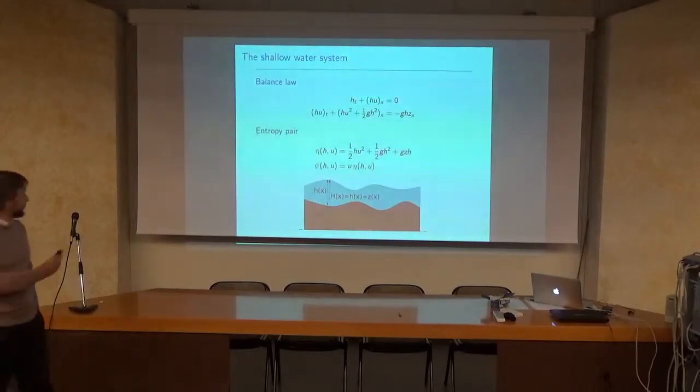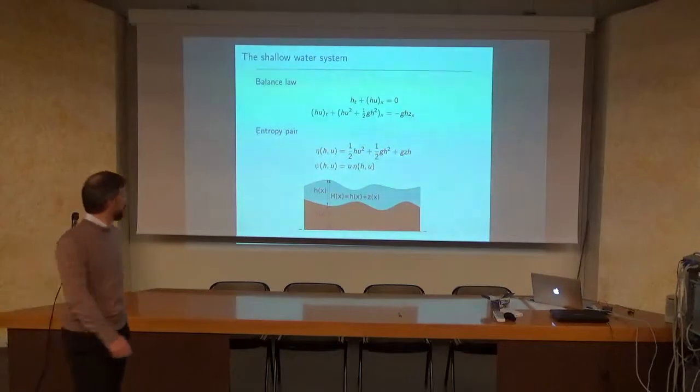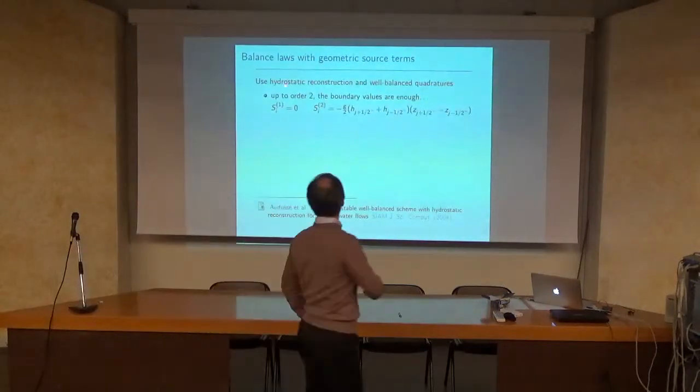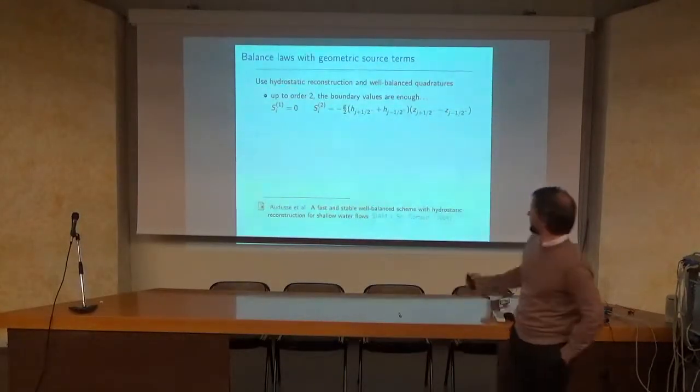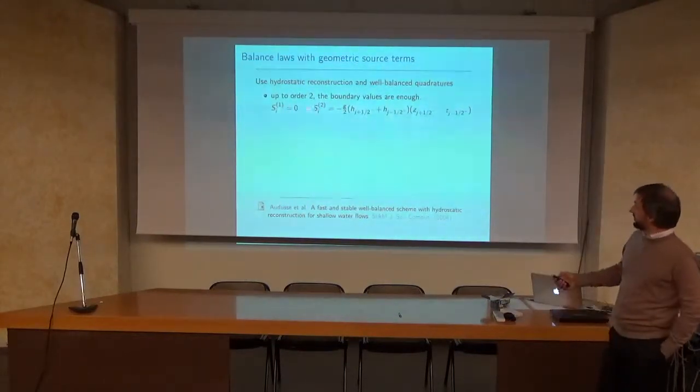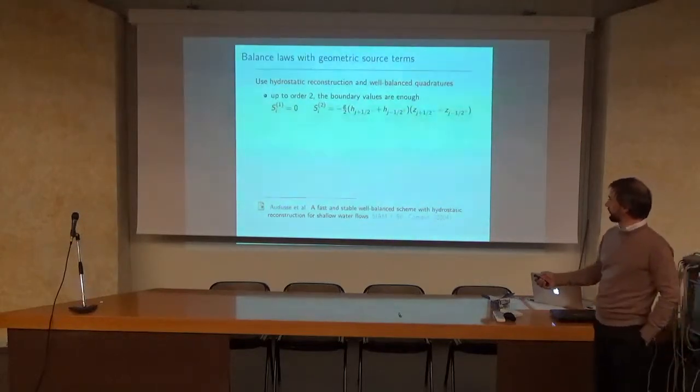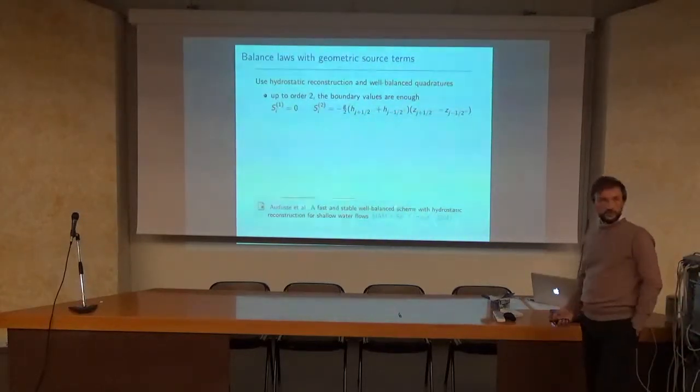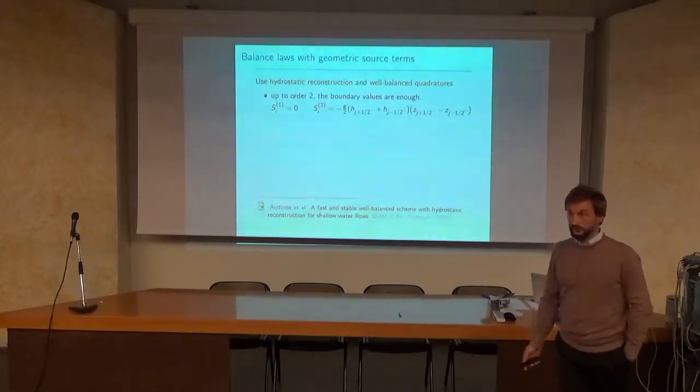Even more, if we were to integrate, for example, the shallow water system, and we want to do it using hydrostatic reconstruction and well-balanced quadrature, we know that we can construct well-balanced quadrature up to order 2 just using the point value reconstruction at the boundary.